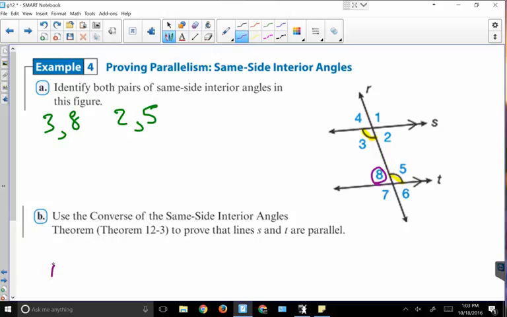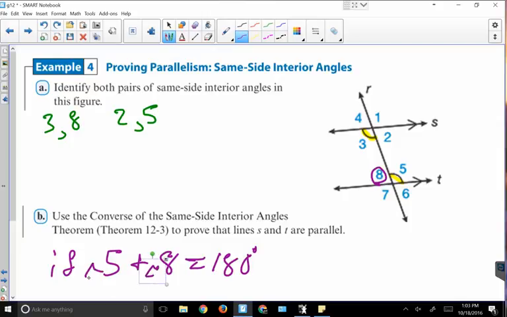If angle 5 plus angle 8, mind you we're talking about the angles, not the numbers or the values, is equal to 180 degrees. One more time. So, angle 8 and angle 5 added together equal 180 degrees.